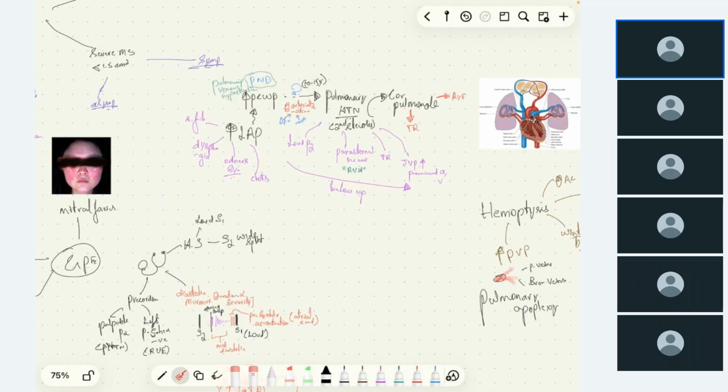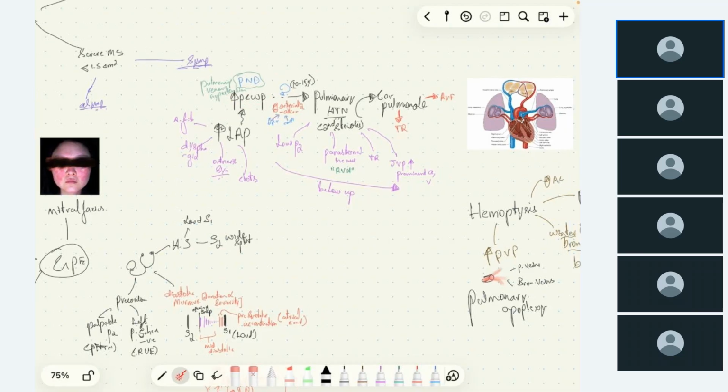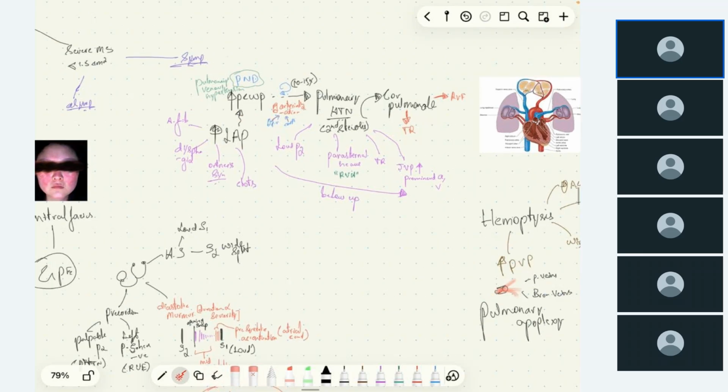Okay. After this, the disease progresses. In the next 10 to 15 years, the veins and capillaries, which are experiencing large pressure due to back pressure and increased left atrial pressure, will undergo arterialization. This leads to partial improvement in the symptoms of patients.